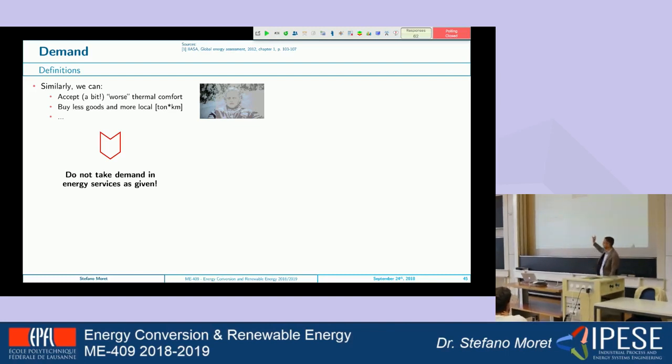We can either reduce the total tons of goods that are transported, or the kilometers they have to travel. So what I want to mention here is that in the course we do not talk much about demand, but actually demand is the easiest and the lowest hanging fruit you have to influence the evolution and the consumption of an energy system.